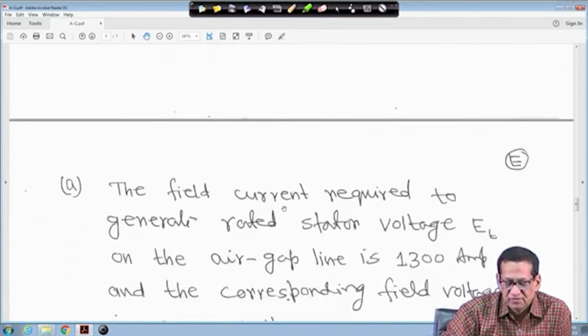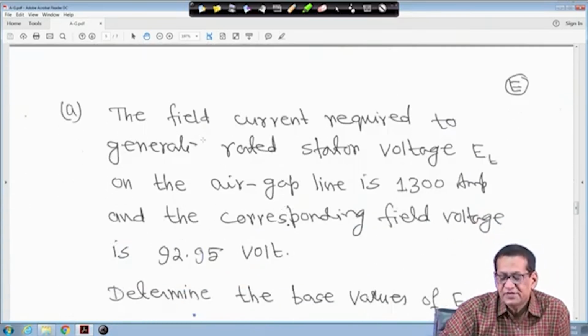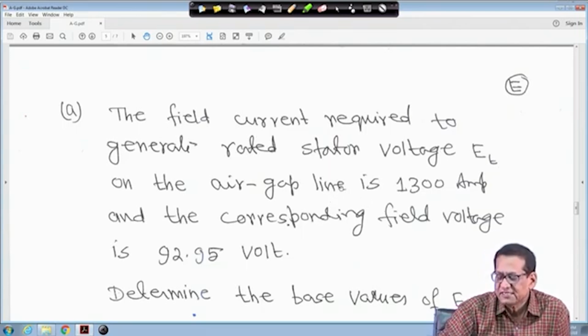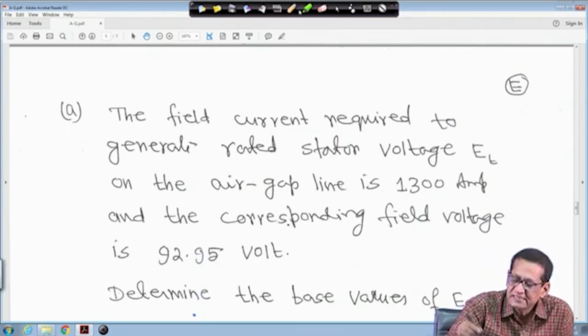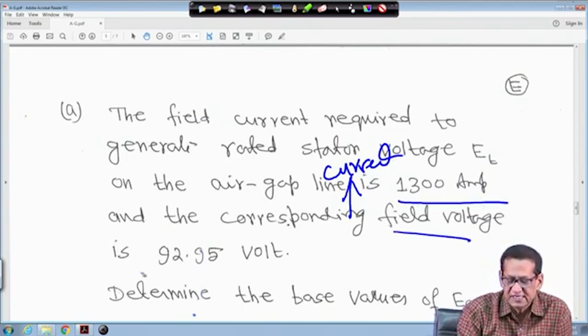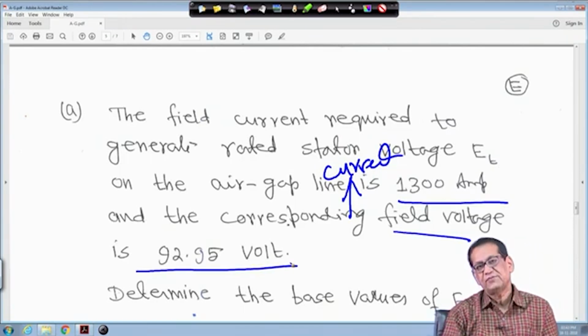Now, the first part, part A, is the field current required to generate rated stator voltage ET on the air gap line. I missed it here: the air gap line current is 1300 ampere and the corresponding field voltage is 92.95 volt.